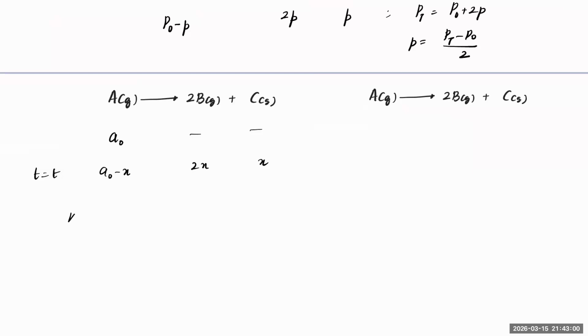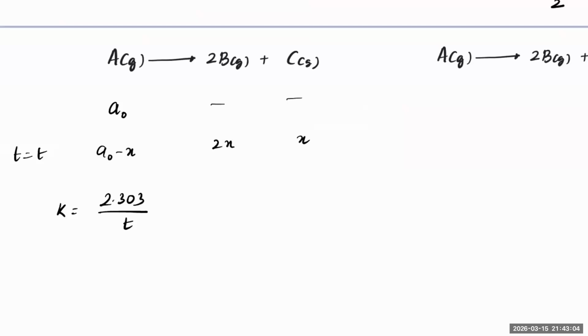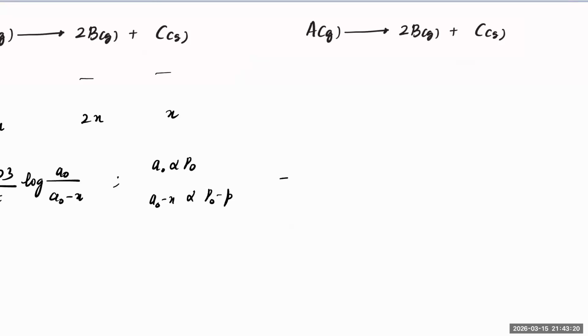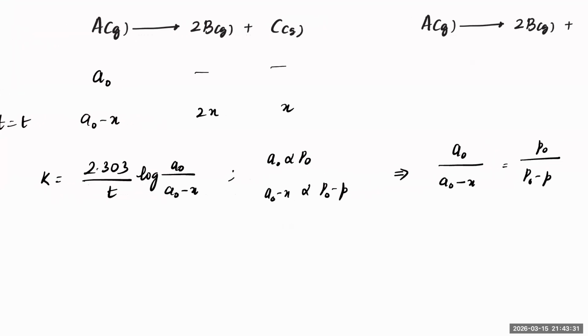If this is first order kinetics, I can write K is equal to 2.303 by T log of A naught by A naught minus X. And you know that A naught can be related directly to P naught and A naught minus X can be directly related to P naught minus P. Hence, A naught by A naught minus X is equal to P naught by P naught minus P. So let me put that value back here.